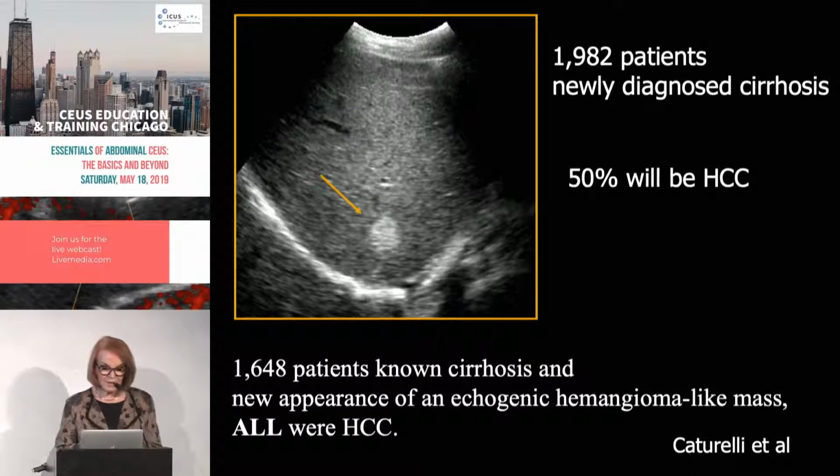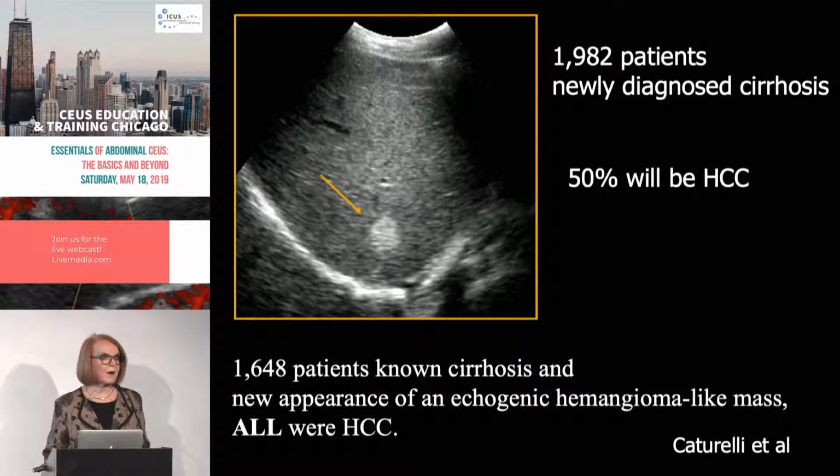And then the thing that I think is even more important, because I've seen this so often after I read this manuscript, is that in another population, patients with known cirrhosis who are undergoing surveillance, in other words patients that are going to come back every 6 months, if you see a new echogenic nodule appear, it will be HCC.